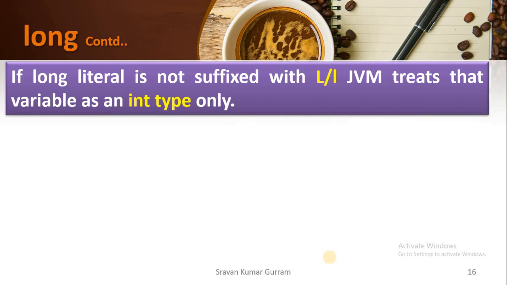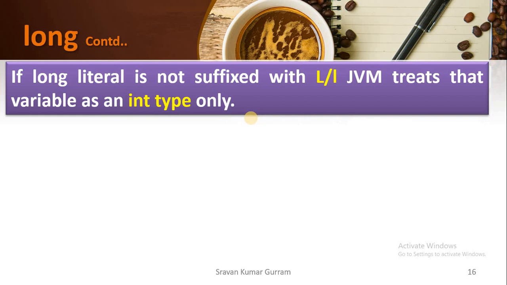Let us try to understand, if the literal is not suffixed with capital L or small l, what is happening inside. JVM treats that variable as an int type only. If that variable is treated as integer data type, JVM allots only 4 bytes of memory, but actually long capacity is 8 bytes.